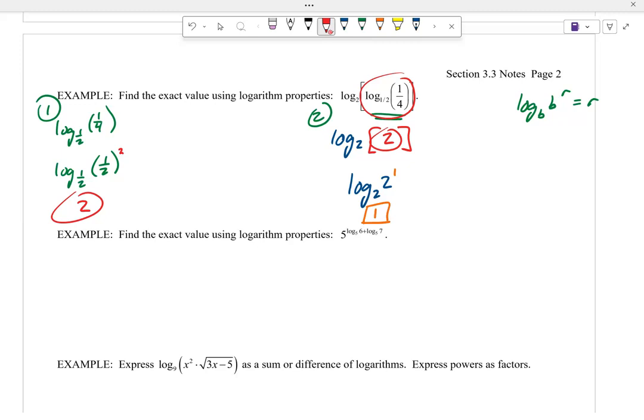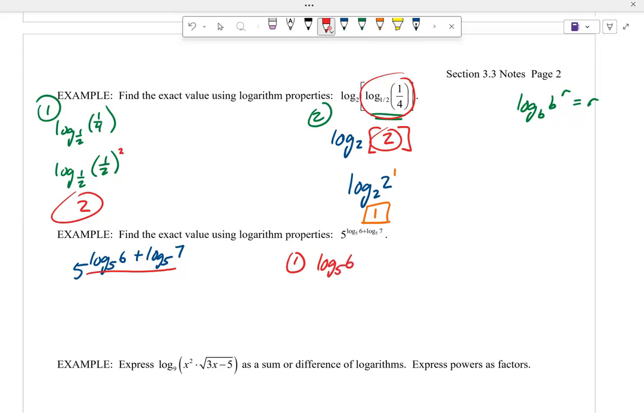All right, let's do this next one here. We have 5 to the log base 5 of 6 plus log base 5 of 7. So what I'm going to do here is first take this exponent up here. Let me go to the side for a minute.